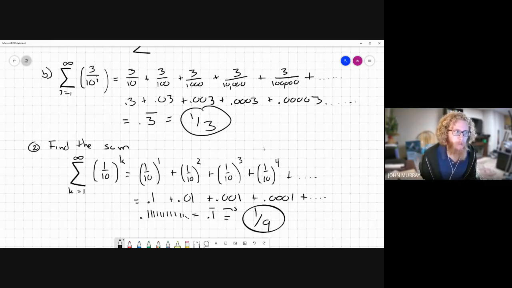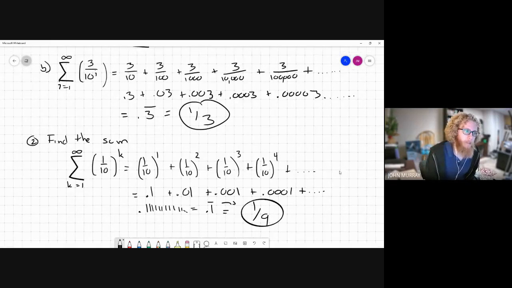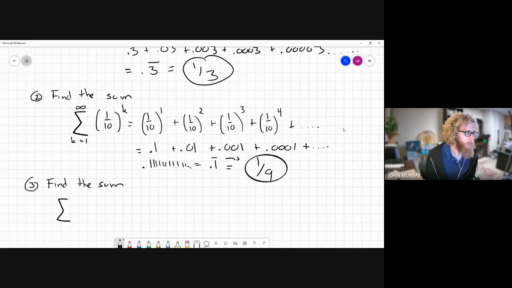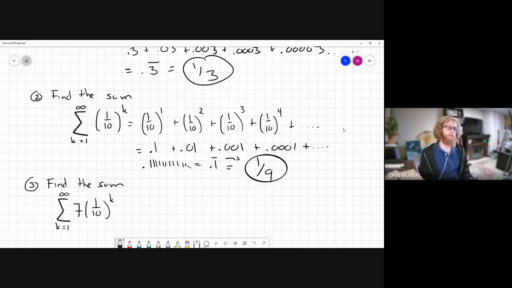All right, so now let's take a look at another one that's slightly different. And we're actually going to use one of the rules we learned yesterday. We're going to find the same partial sum, but now we're multiplying it by 7.